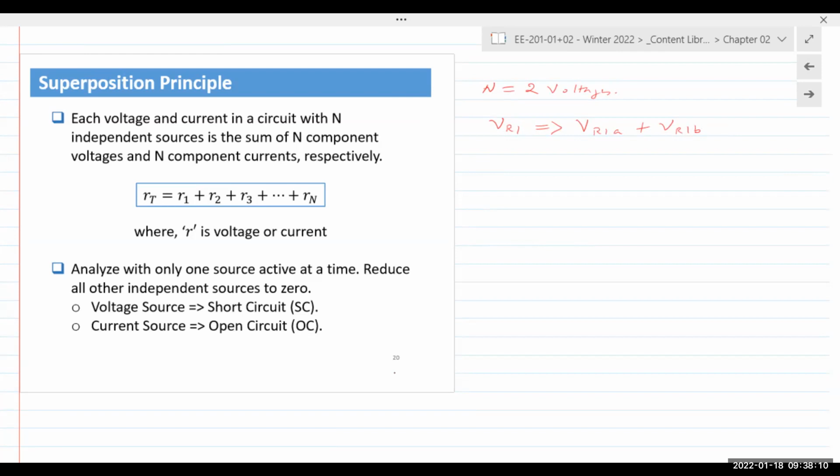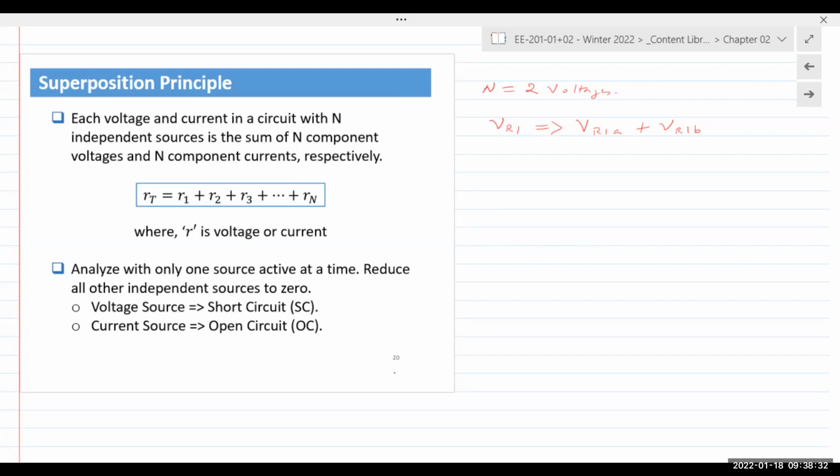Essentially, what you're doing is taking a circuit with multiple sources and breaking it down into separate pieces. Each piece is the entire resistive network with only one source working at a time. Then you analyze the circuit using the technique that we just learned, which is series parallel analysis. You find the voltages and currents present in the circuit.